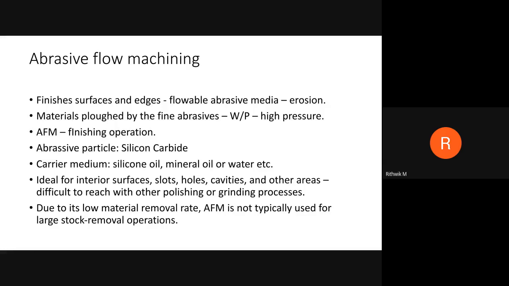The abrasive media is flowable, that means it is mixed with some carrier fluid, due to which erosion of the workpiece occurs. The material is ploughed by the fine abrasives. The fine abrasives are present in the carrier medium, and their presence makes use of high pressure, which helps in corroding or ploughing the material from the workpiece.